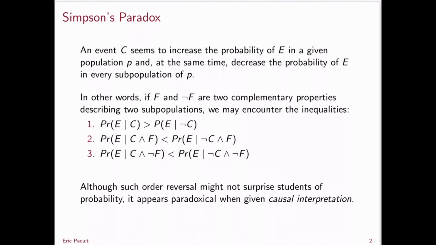Although such order reversals might not surprise students of probability, it does appear paradoxical when given a causal interpretation. Because if we think that one signals the fact that C is causing the probability of E to increase, then it's very puzzling why it no longer has that causal effect when you restrict attention to each of the subpopulations.